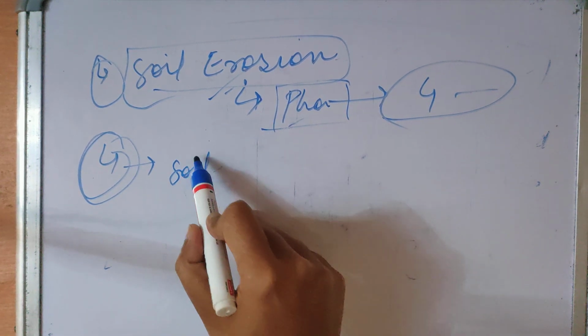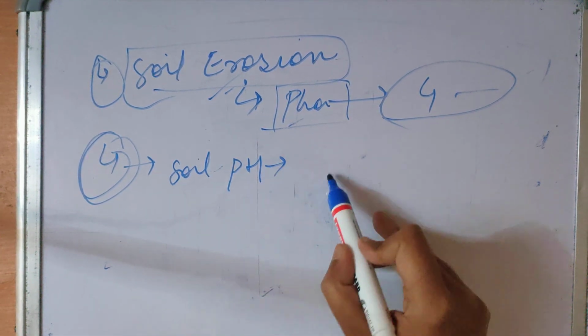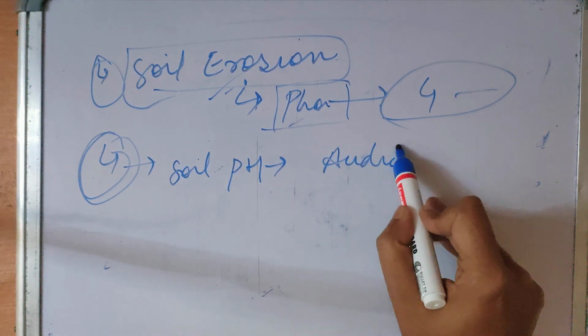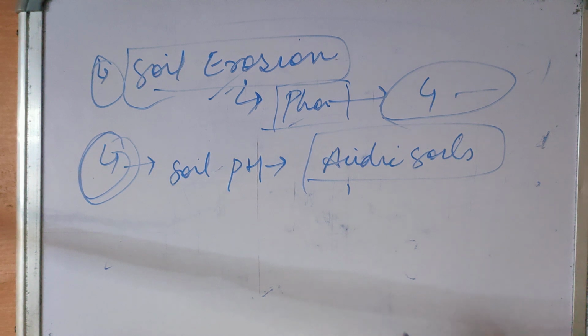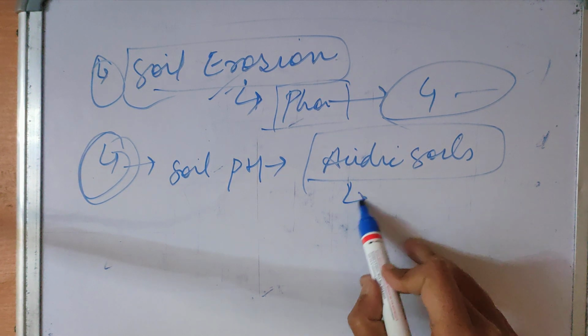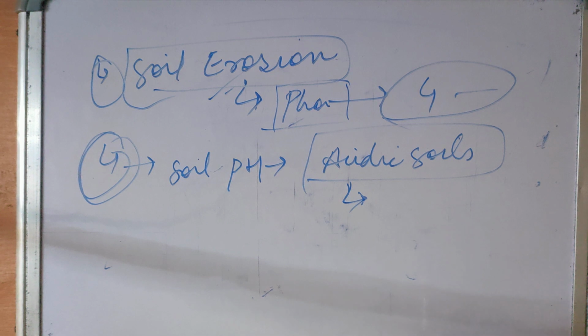pH also is another factor. So most of the soils, especially in the northern belt like in states of Jharkhand, Bihar, are acidic in nature. You will always observe that these soils, and also the northeast region where we have got high rainfall, are acidic in nature. And we all know that in acidic soils the fixation of phosphorus is always low.